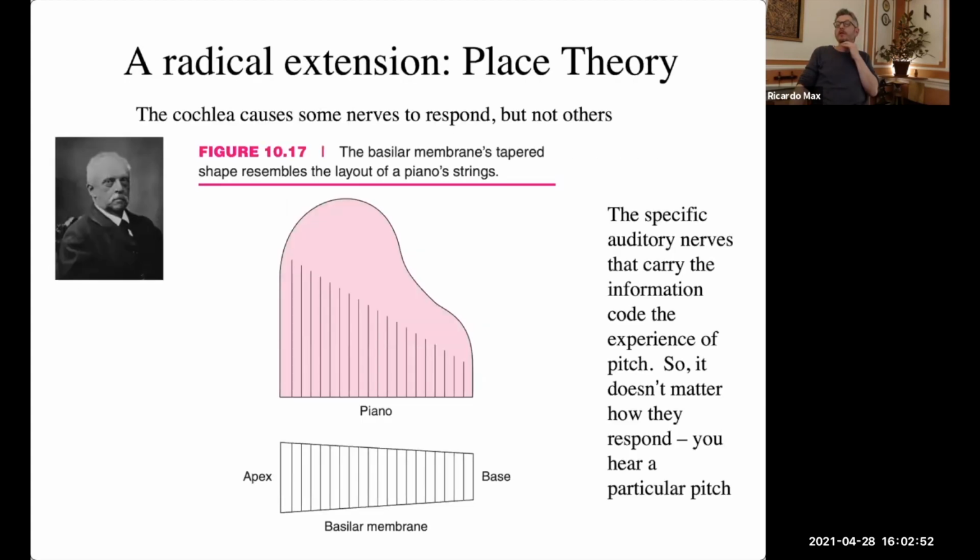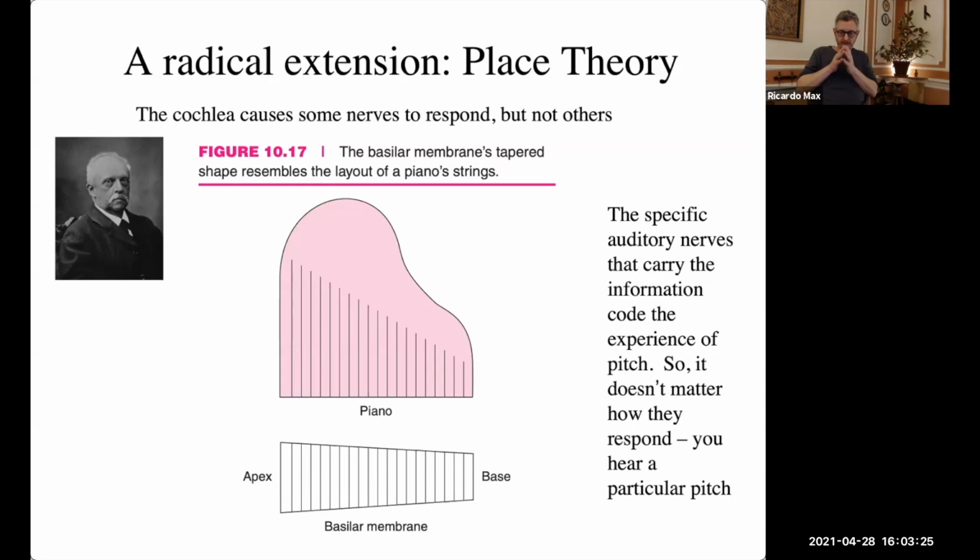Now, Helmholtz was Müller's student, and he extended Müller's theory. He suggested that not only is neuronal activity coming from our ears interpreted as sound, but specifically neuronal activity coming from specific areas along the basilar membrane, which, as we saw, react differently to different frequencies, is interpreted as different specific pitches.